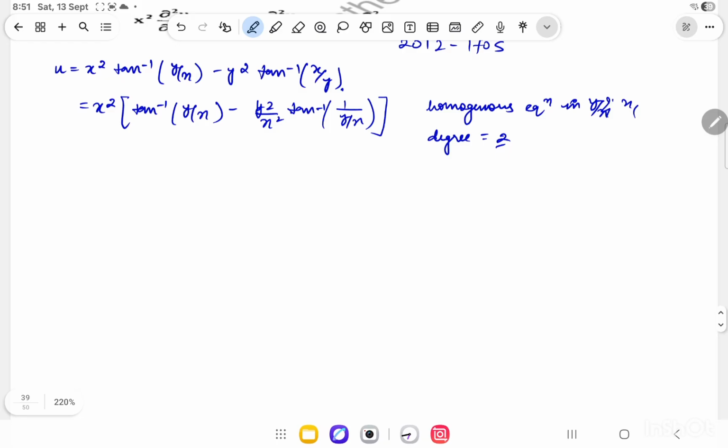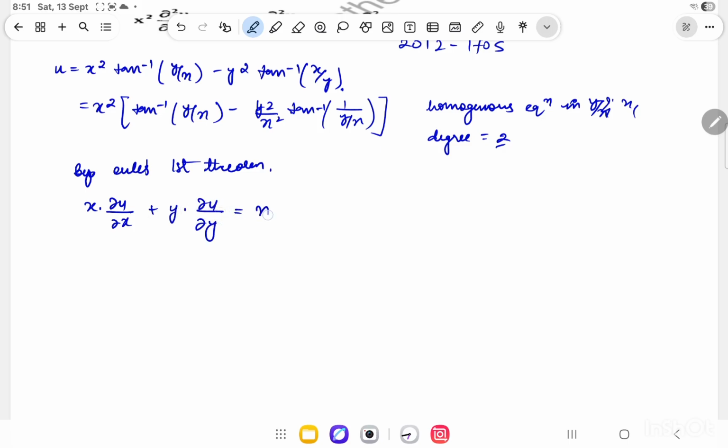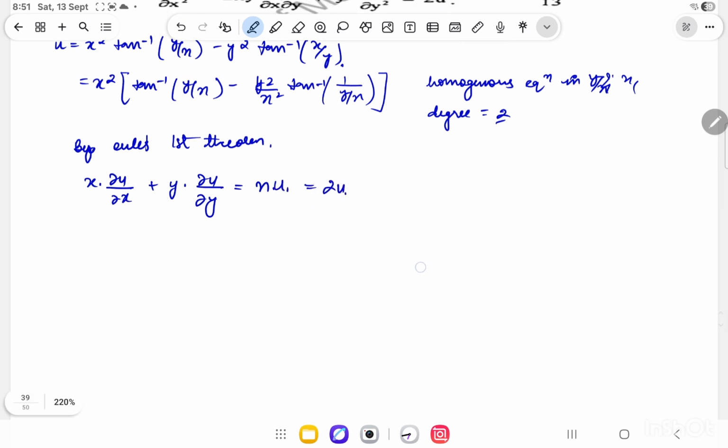So by Euler's first theorem, we'll get x into del u by del x plus y into del u by del y equals to n into u, and our n is basically 2, so it will be 2 times of u.